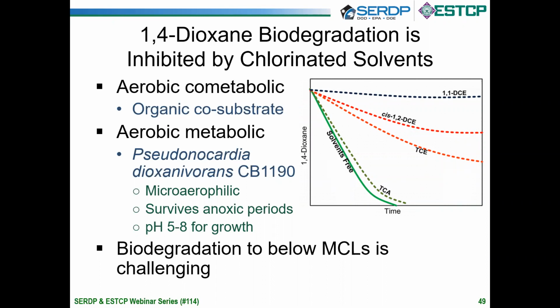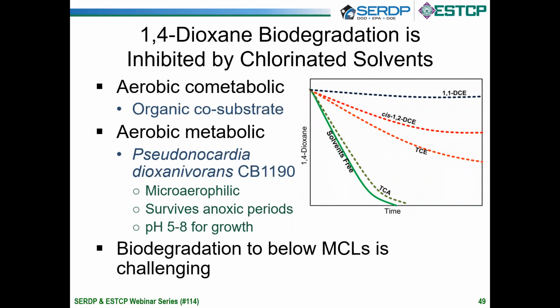And then finally, 1,4-dioxane is used as a solvent stabilizer, so it often co-occurs with chlorinated solvents. And these chlorinated solvents inhibit biodegradation. What I'm showing here is a figure from previous research by my collaborator, Shaylee Mahendra at UCLA.